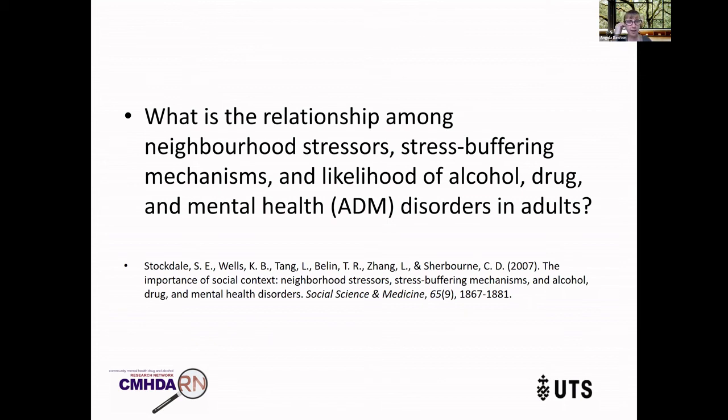They hypothesized that the greater presence of neighborhood stresses would be associated with one of these disorders, and they used cross-sectional survey data and census data to look into the neighborhoods. So that's a quantitative study.